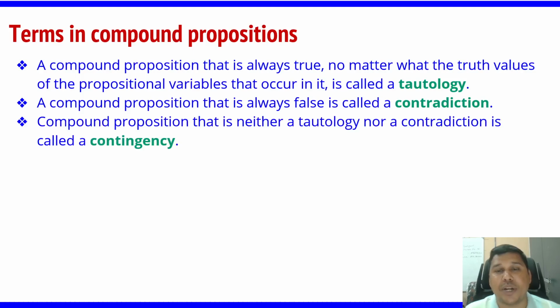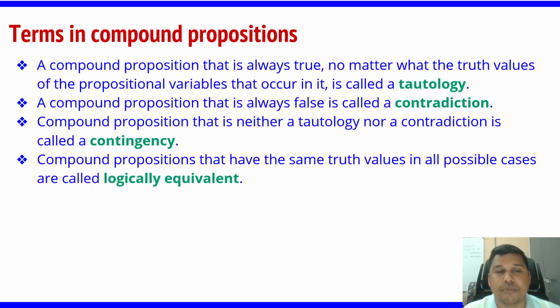Then we have a special one here. Any statement which is neither a tautology nor a contradiction is called a contingency. And if two compound propositions always yield the same result in the truth table, then they are called logically equivalent statements.